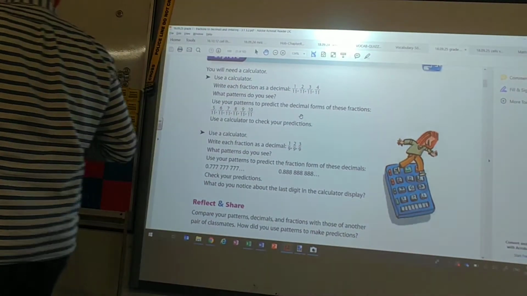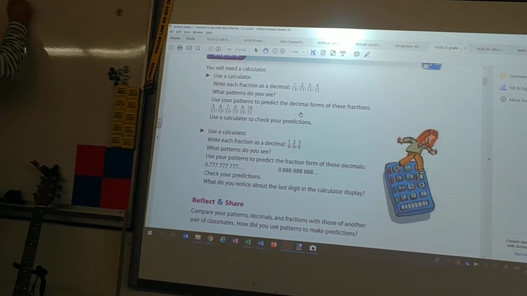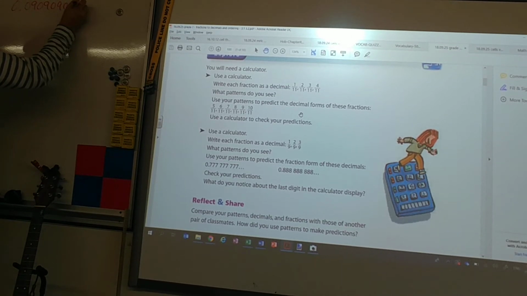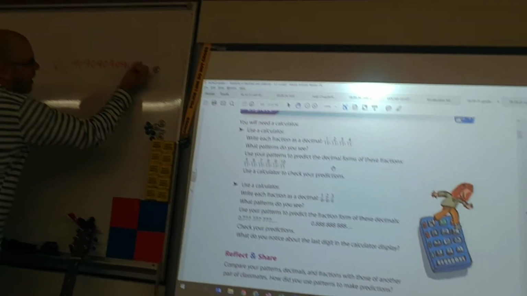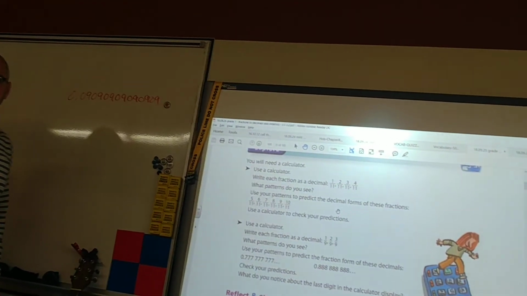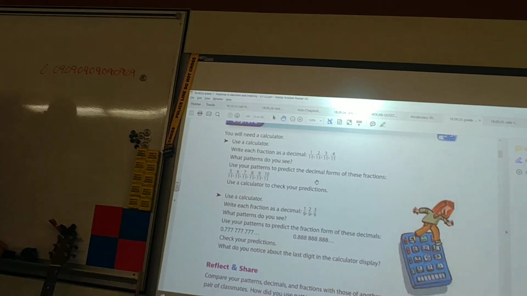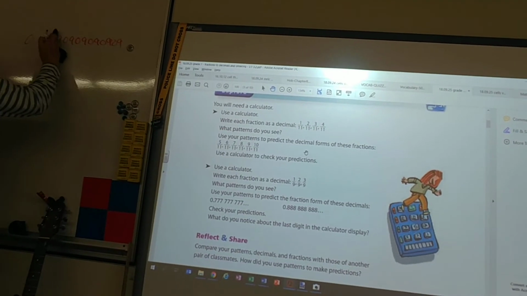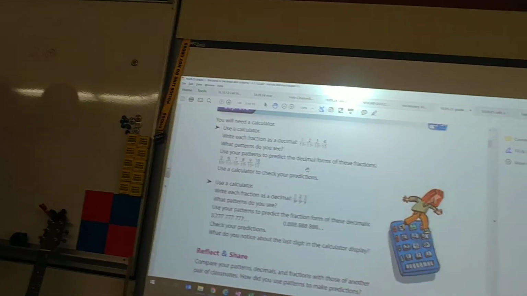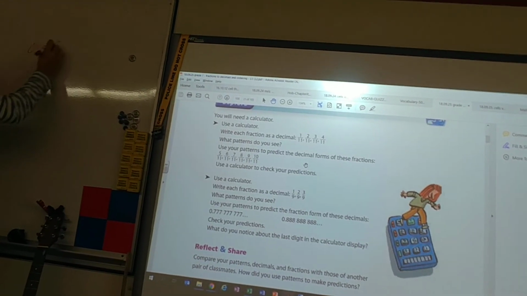Here is how you write the repeating decimal. I don't expect you to write this, because it's never going to stop. So here's what I do. Stop the madness. Take those away. We're going to write it as a repeating decimal.